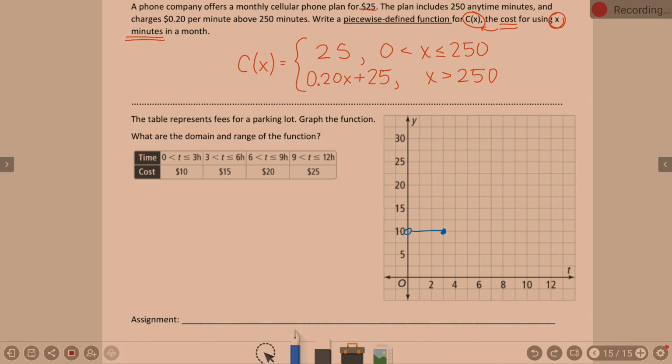Does that make sense? That graph is showing that from 0 to 3 hours, which is down here on my time axis. I just realized this is going to be our cost over here, right? And this is our time here. So from 0 to 3, it's $10. It's a flat cost. Then what happens?